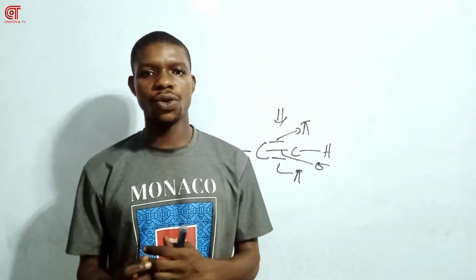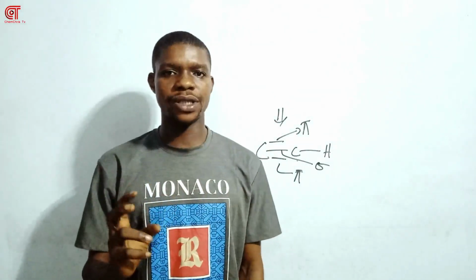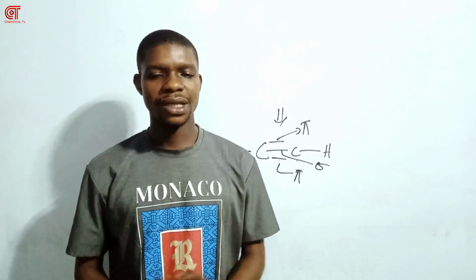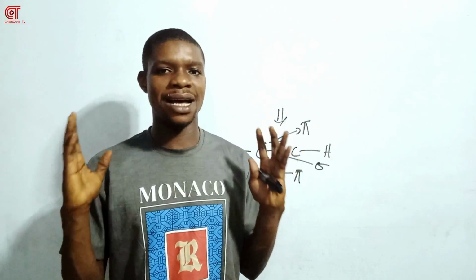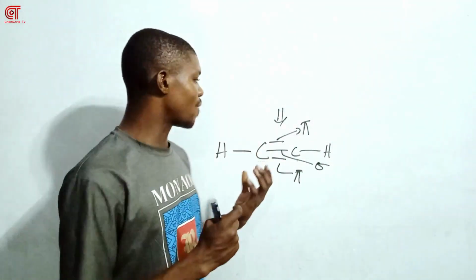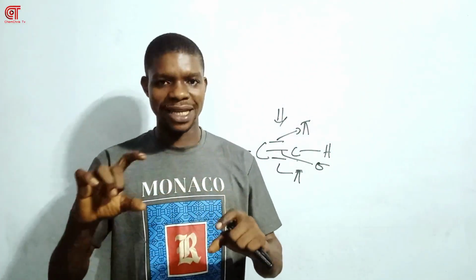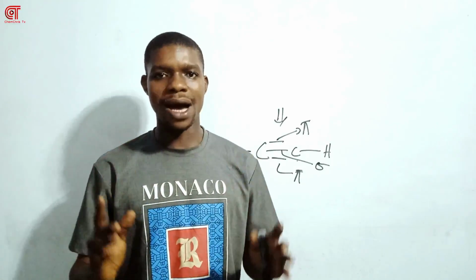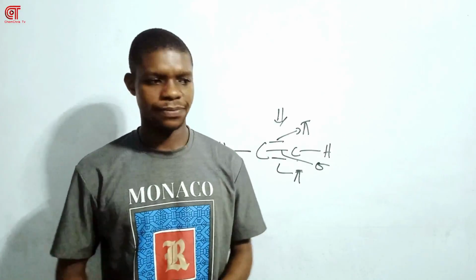Now, the next thing to look at is that sp contains two pi bonds and one sigma bond. Next, they have a linear shape. So whenever I see sp, they always have a linear shape. You want to keep that in mind. And the bond angle is 180. All linear shapes have a bond angle of 180.